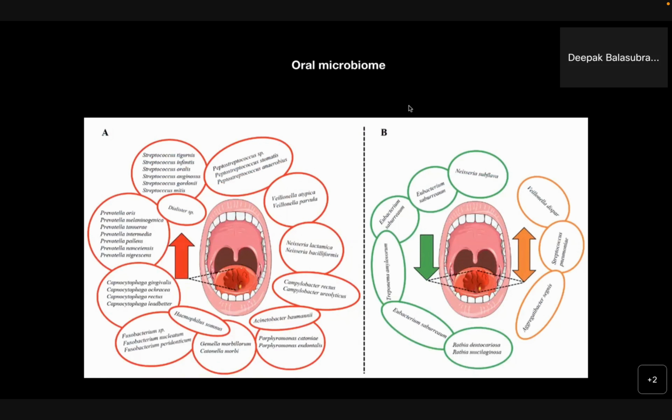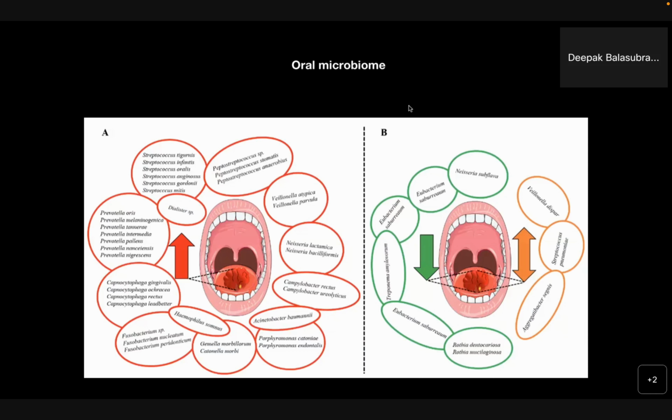Now, what is the role of the oral microbiome? This is gaining importance. And as I showed you in the progression chart, over the years, how things have changed. Now we're looking at hypoxia products, we are looking at the oral microbiome, we are looking at immunotherapy. The oral microbiome is basically the bacteria that you have in the mouth. And these have implications in either tumor progression, or they have implications in response to tumor treatment.